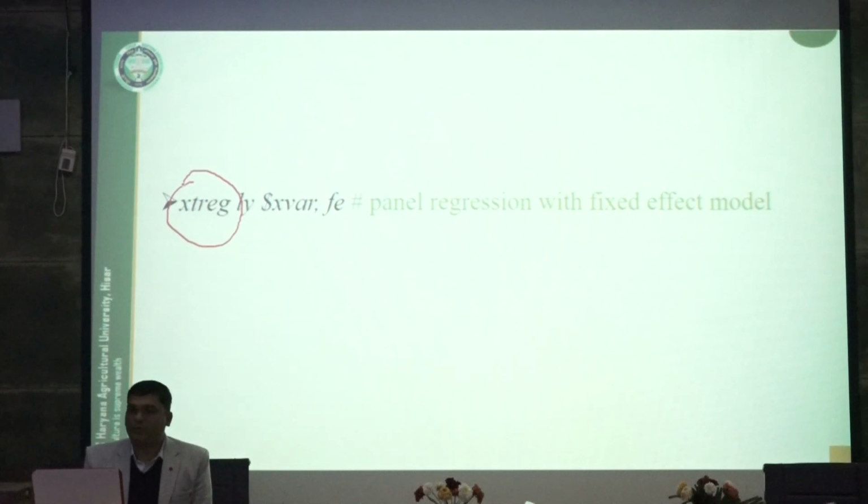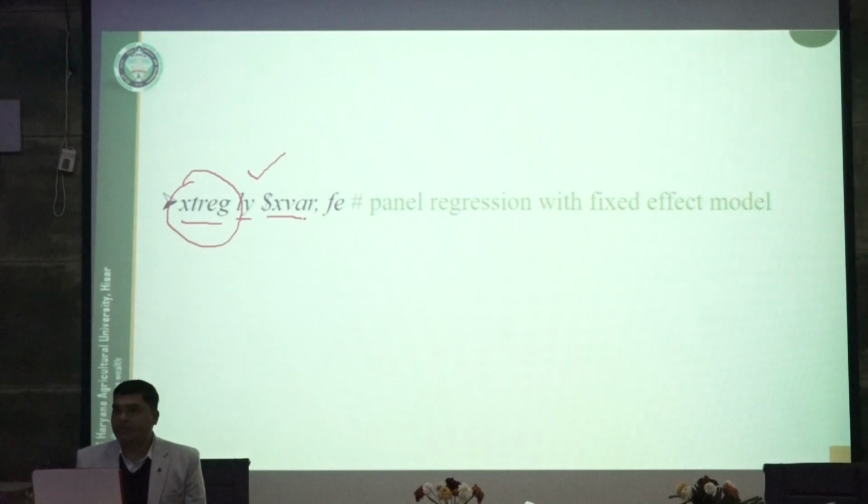Okay, if you want to use the panel regression, then you have to write xtreg followed by variables. For example, your dependent variable is ly, then second is a number of independent variables, but we have stored all the independent variables in xvar. That's why we are using this command.